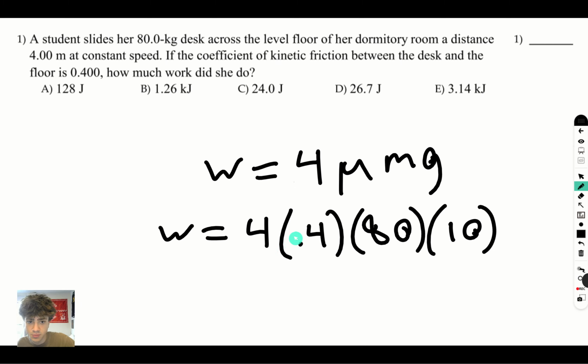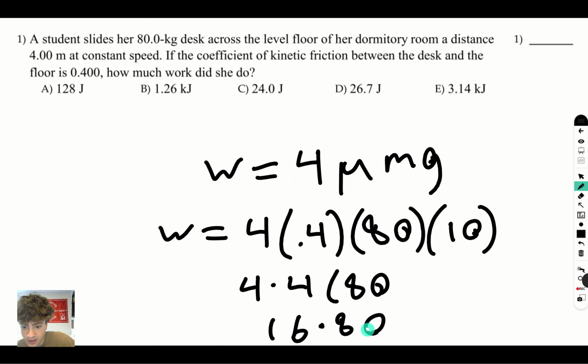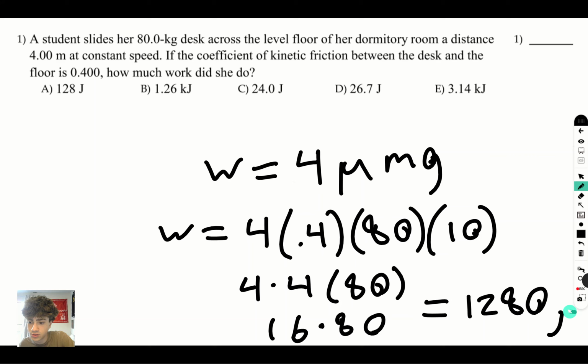Now from here, let's just multiply these out. 10 times 0.4 is 4, so we get 4 times 80, which gives us 16 times 80. 8 times 8 is going to be 64, times 2, 128, times 10, gives us a work value of 1,280 joules. Remember that the unit for work is always joules.